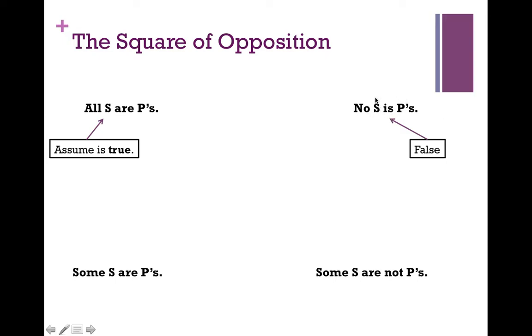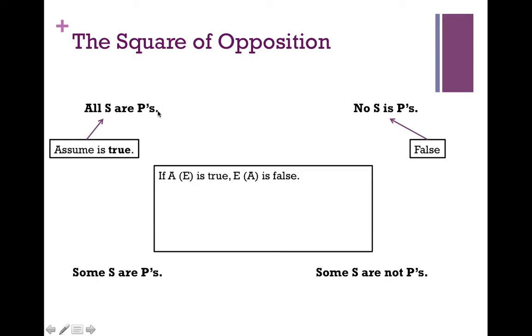And if the E form proposition is true, that means that the A form proposition has to be false. So hopefully the way I've worded it down here isn't confusing, but if A is true, E is false, and if E is true, A is false. Hopefully you can see that what's in the parentheses goes together, whereas what's outside of the parentheses goes together.